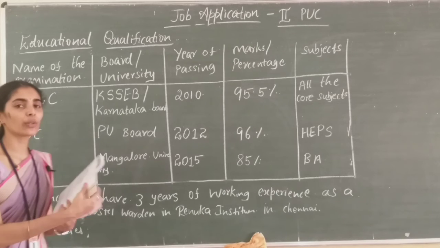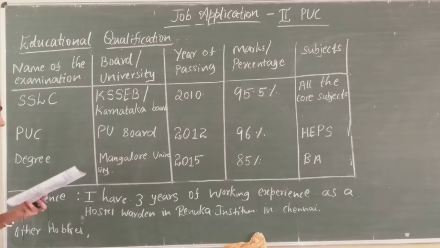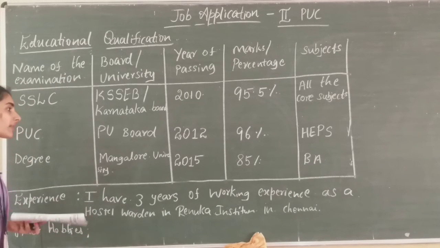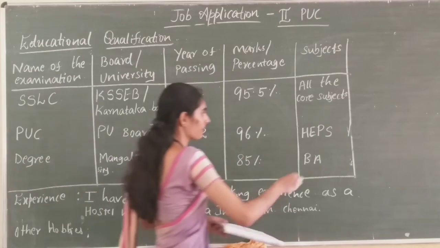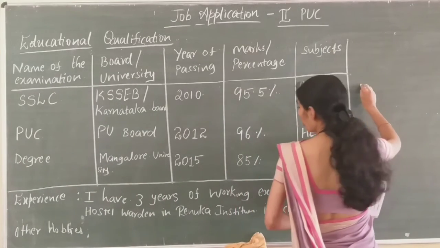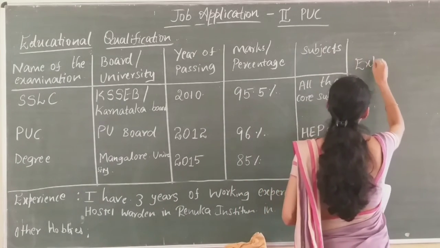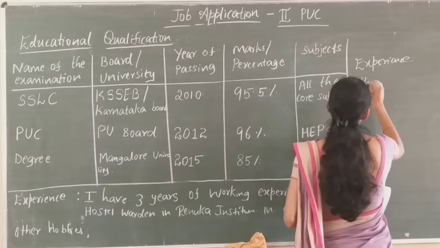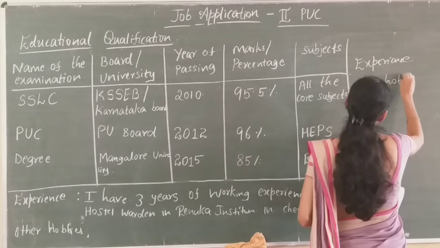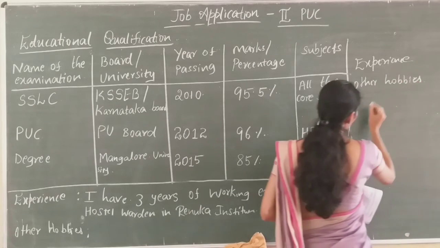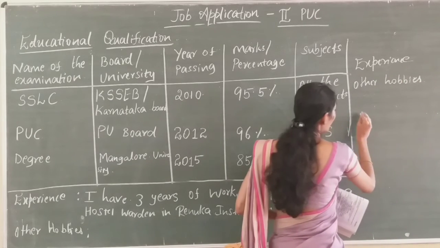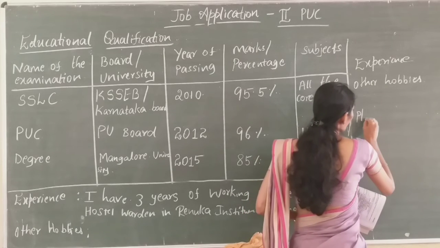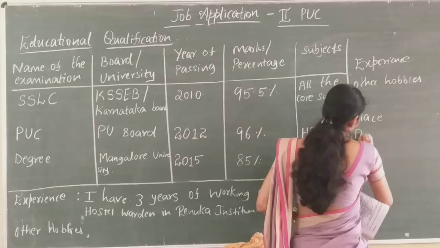And please look at your workbook. Below that there is a place. Below experience and other hobbies, after writing this, leave space, and then here you have to write place and date.